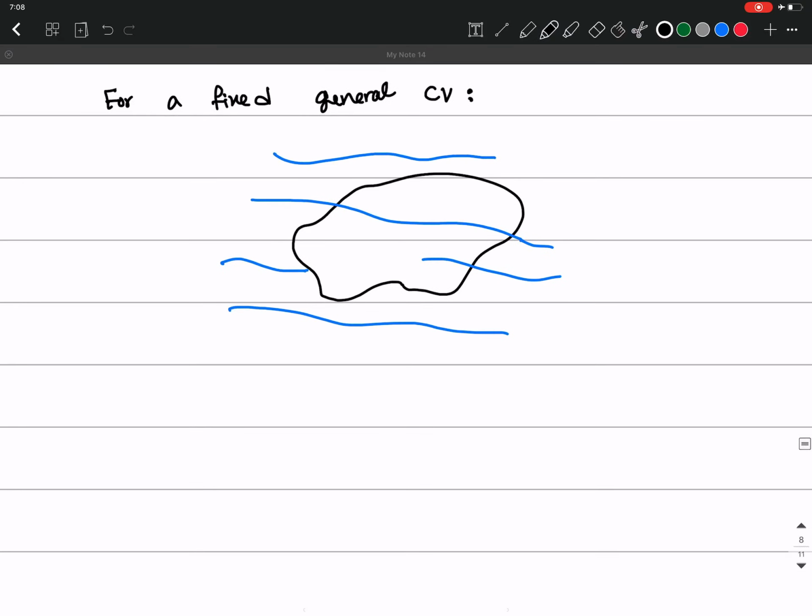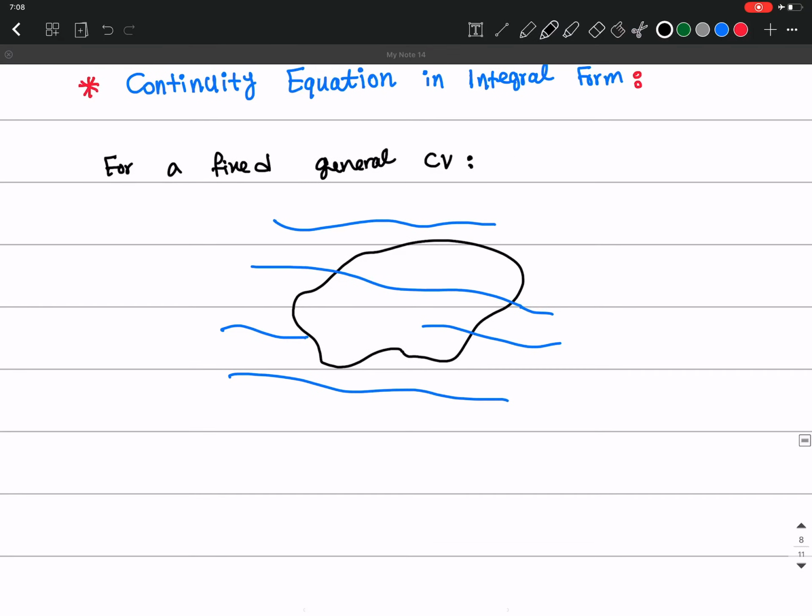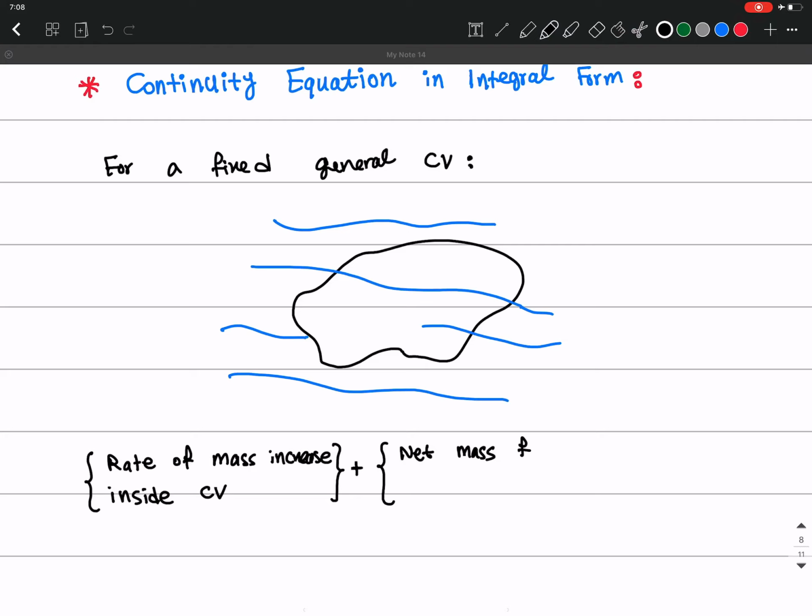So what we can write is: rate of mass increase inside the CV plus net mass flux out of CV should be 0.